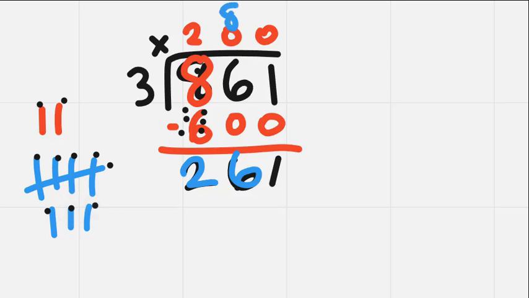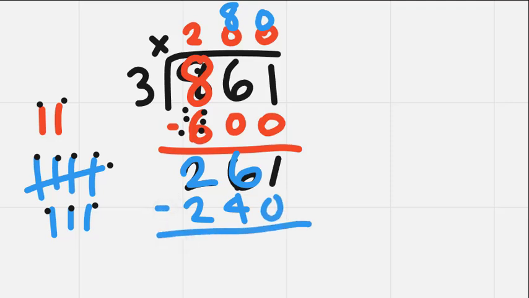We'll put an 8 up top, add a 0. 3 times 8 is 24. We add the 0 for the placeholder, and then we subtract. 1 minus 0 is 1, and then 6 minus 4. 6, 5, 4, 3, 2. 2 minus 2 is nothing, so we don't have to write anything down.